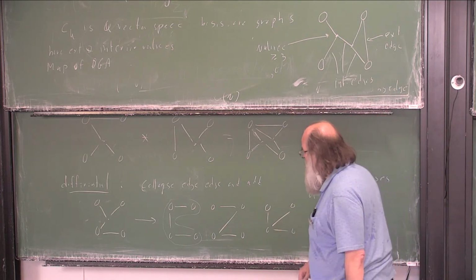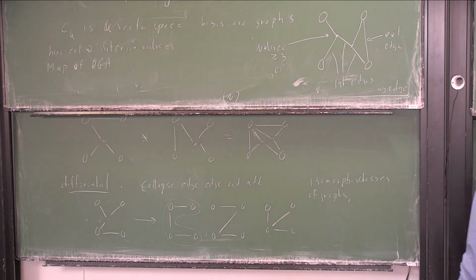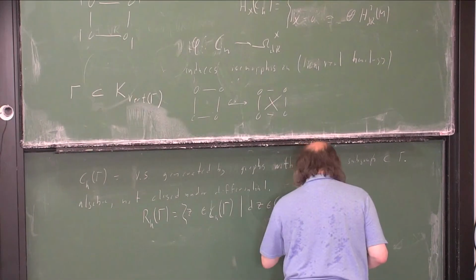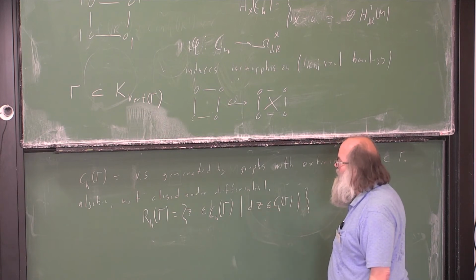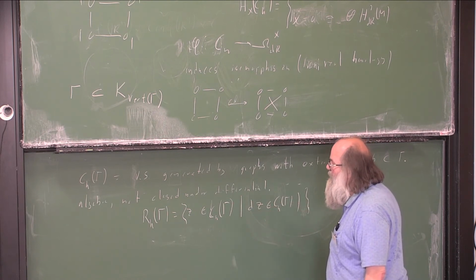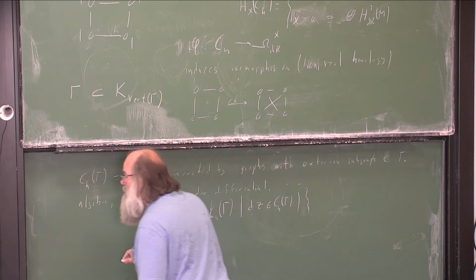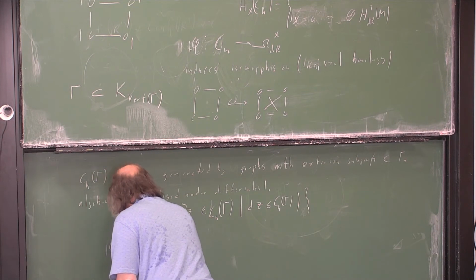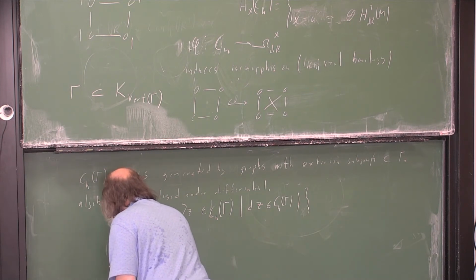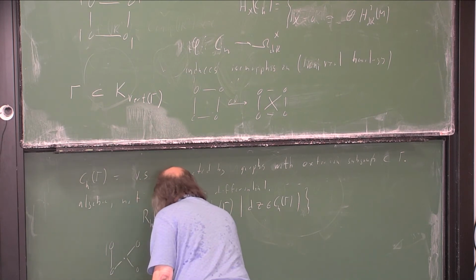So this is a little smaller than CK, of course. But here's an example. Suppose you have this, and then you rotate it cyclically.